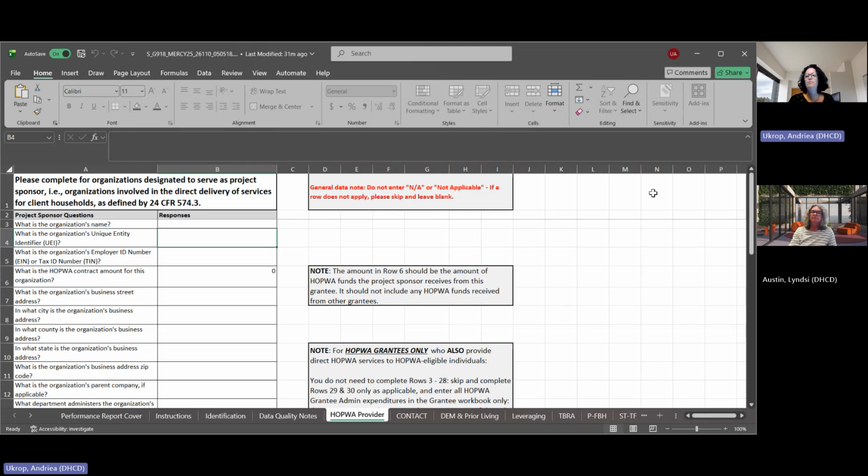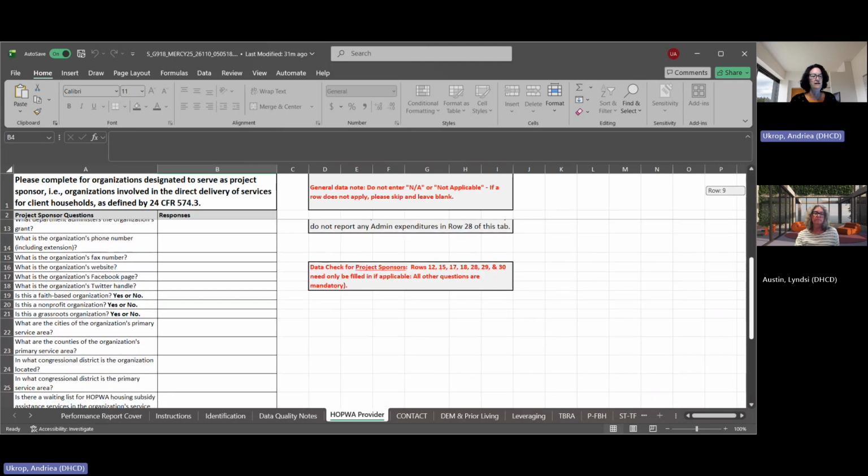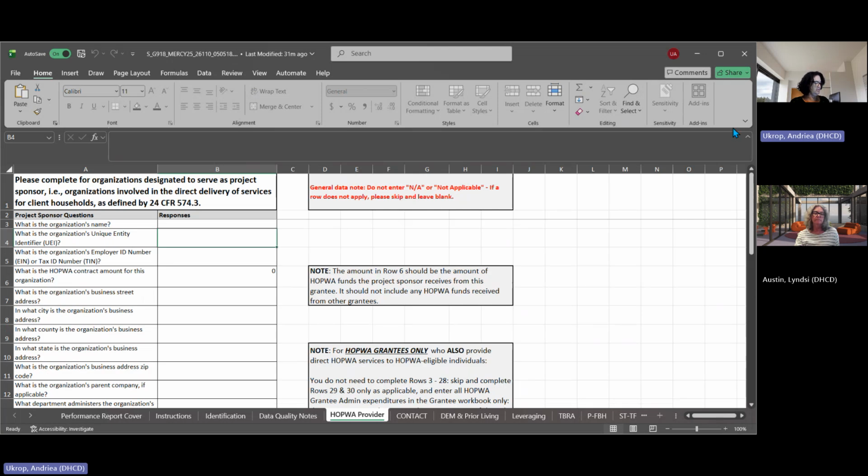On the HOPWA provider tab, most likely, unless there have been staff changes, you can go back to your final workbook last year and see who was entered and the information that was entered here. Just a couple of notes that in row 4, this is your organization's UEI.